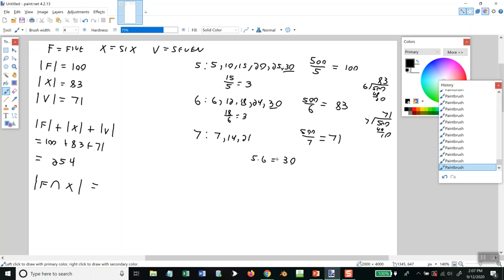Then we had to figure out how many of these. For example, if I multiply by 2, 2 times 30 is 60, and both 5 and 6 go into 60. If I multiply by 3, both go into 90. So I take my 500 divided by 30 to figure out how many 30s.